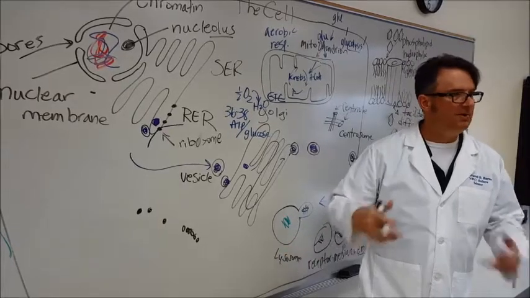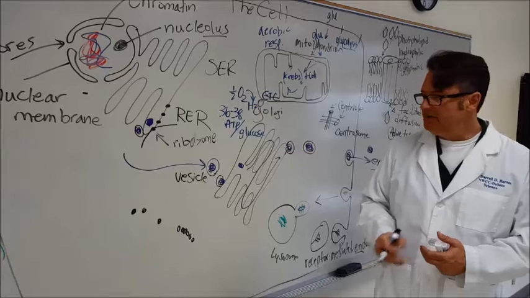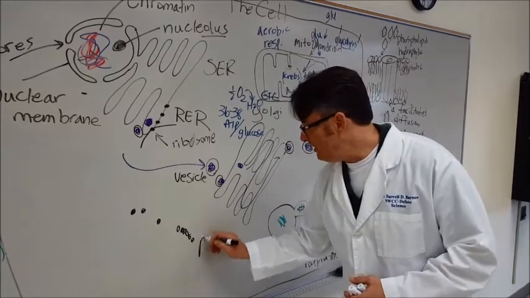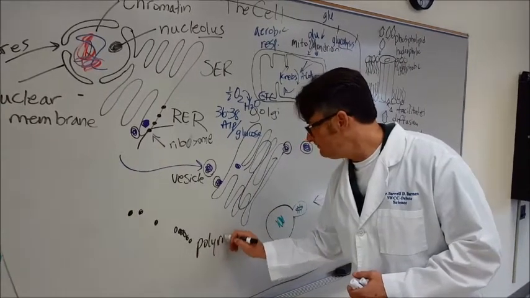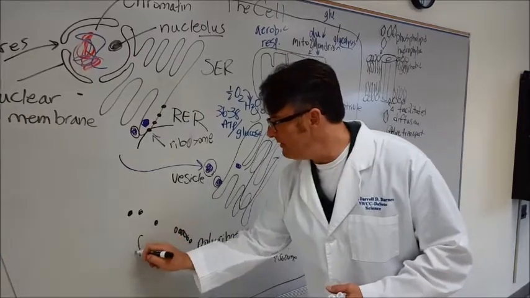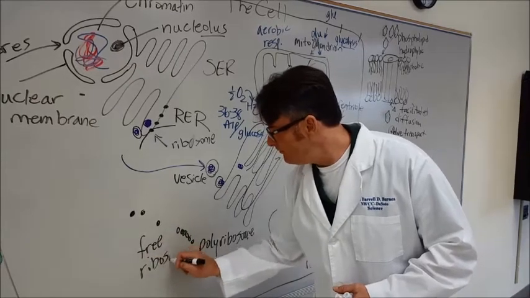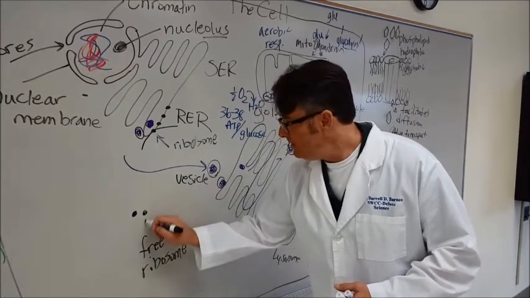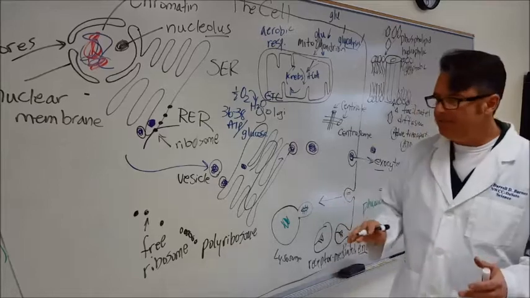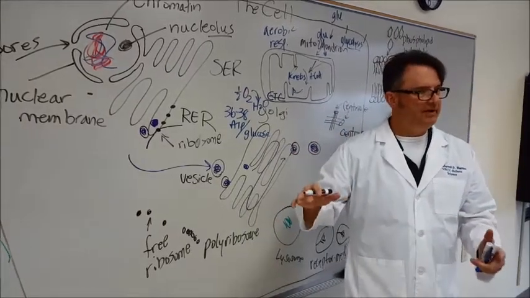That's kind of cool. Multitasking is one of the abilities of your cell. So you can have a polyribosome. It's possible to have free ribosomes.